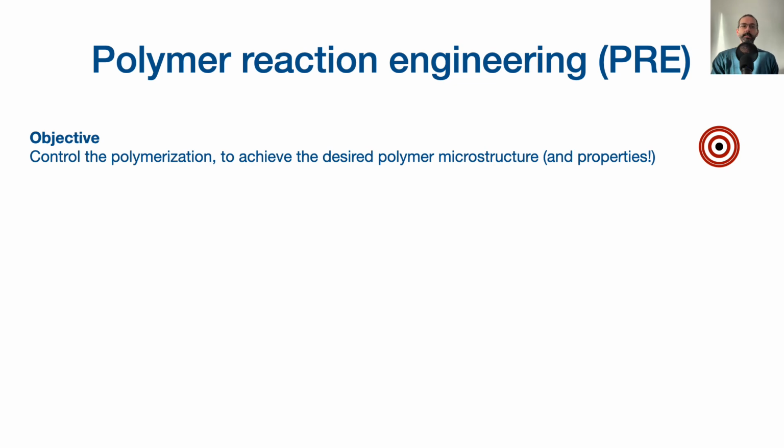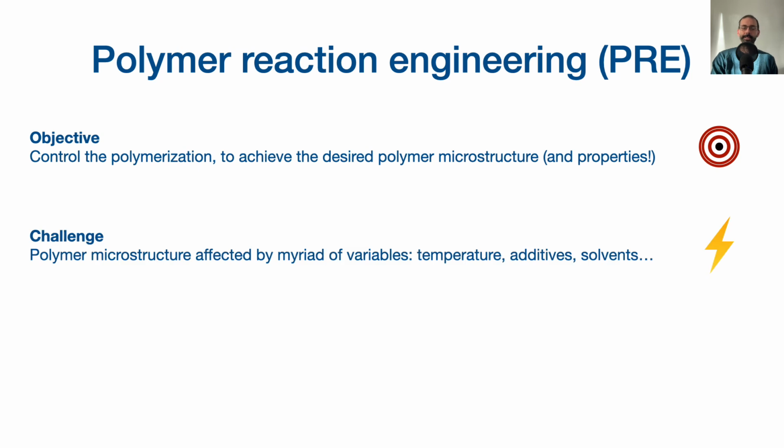And we will see in the next videos of this series which type of reactions are relevant in the different kinds of polymerization and how we can at least try to control these reactions to obtain the polymer properties we want, hopefully with an eye on safety and sustainability. Now, the challenge is that there are so many variables that affect the microstructure: temperature, additives, solvent.